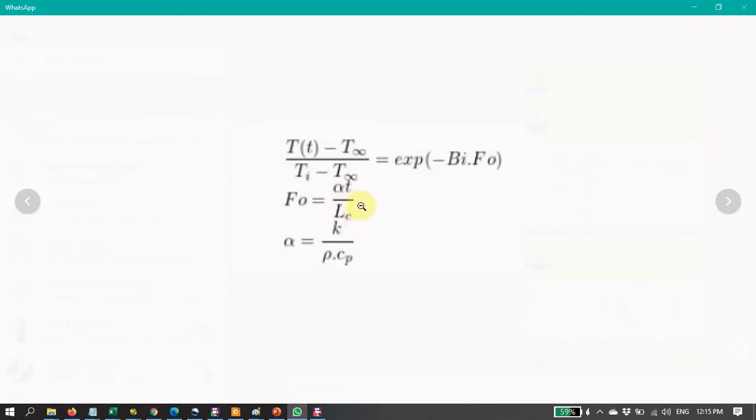The Fourier number should have the characteristic length to the power of 2. So again, we have the issue of which characteristic length we should use. Here we're going to try all of them, but you should use the same one you used for the Biot number. You cannot mix things around. If you fix one value, you should use the same value for the Fourier number. I will show the calculation in the Excel application.